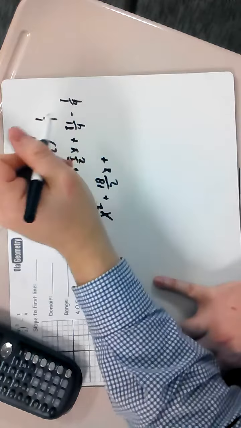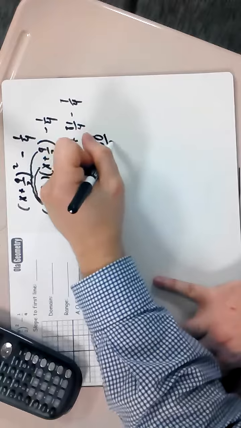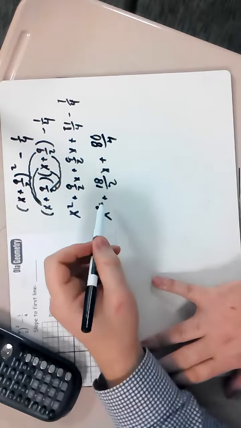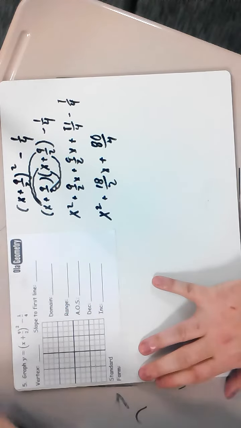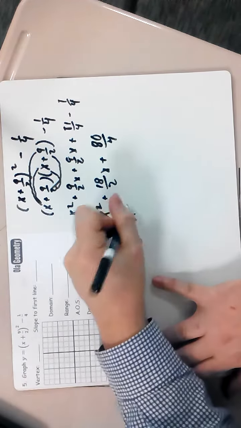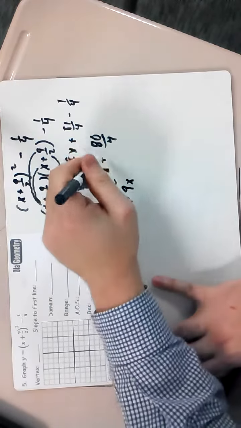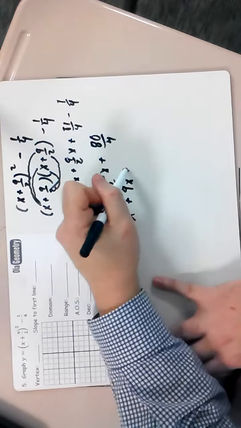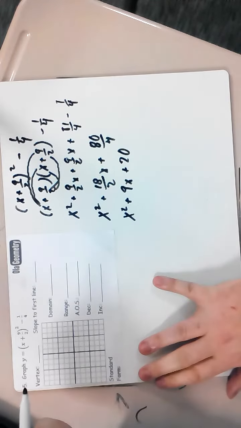So 81 minus 1 is 80, and there's a 4. Well, okay, this is not looking so intimidating to me anymore. 18 divided by 2 is 9. And 80 divided by 4 is 20. And there it is in standard form.